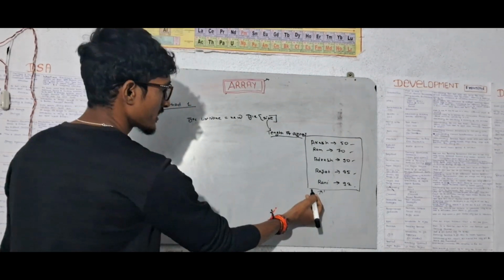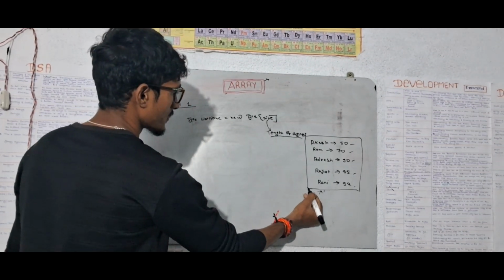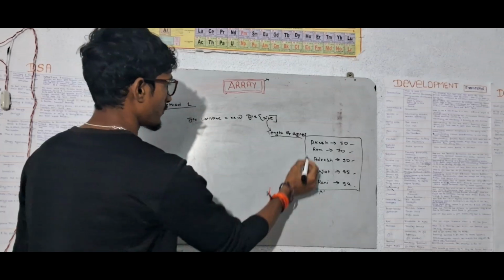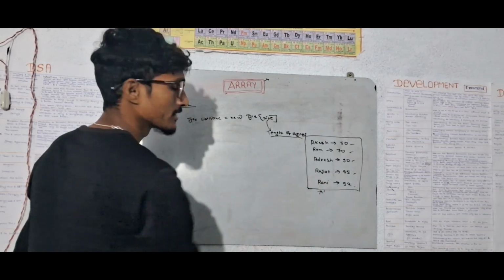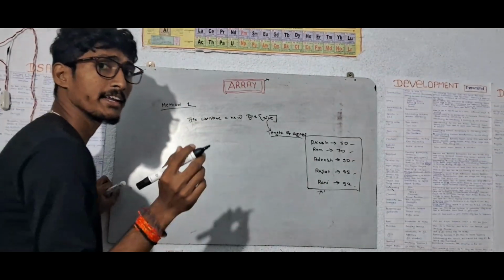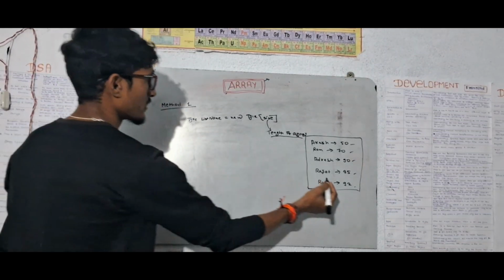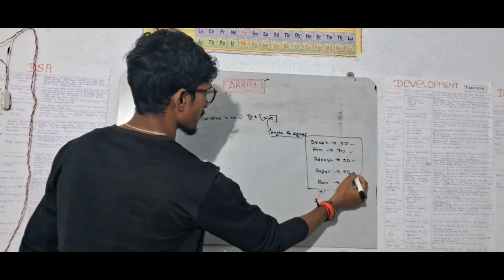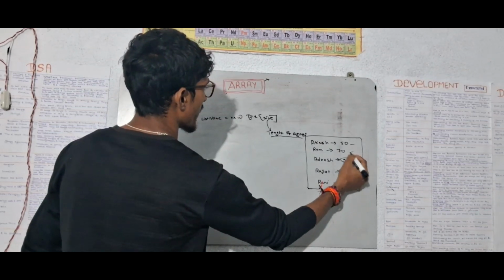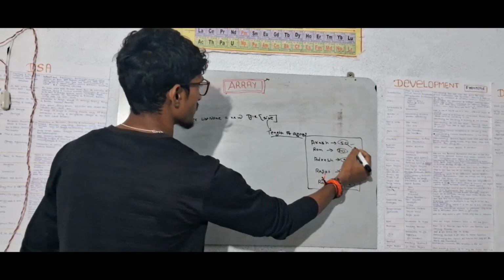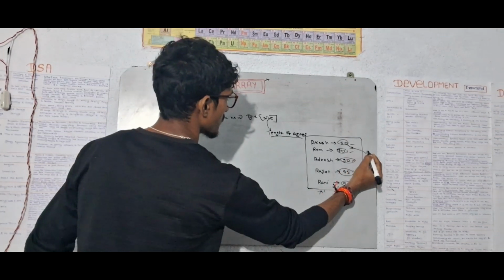For storing this list we need 1 2 3 4 5, so we need an array whose length is 5. This is the integer type, because the values we have to store are int type.